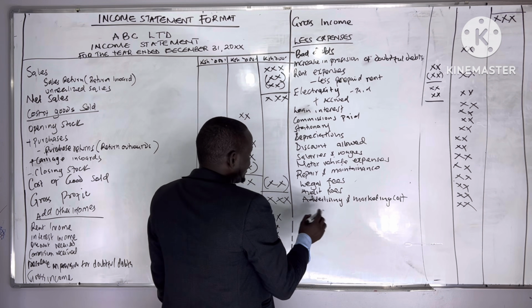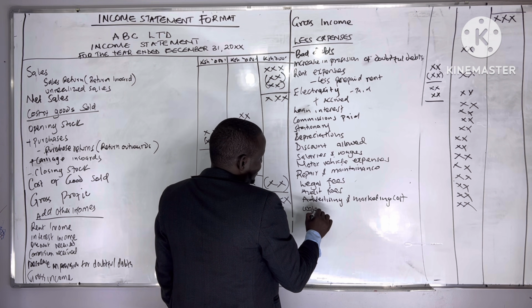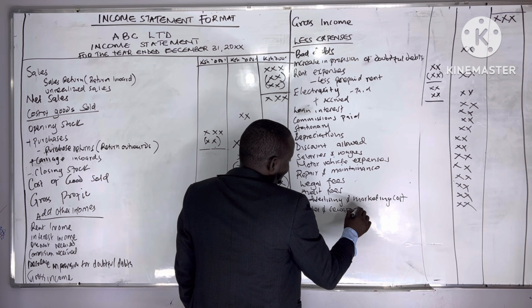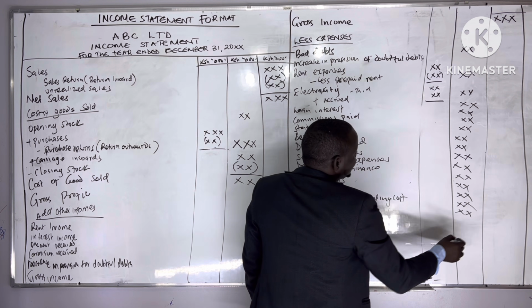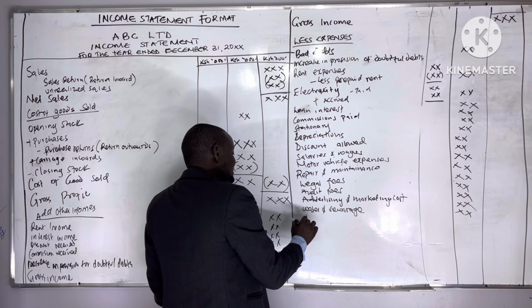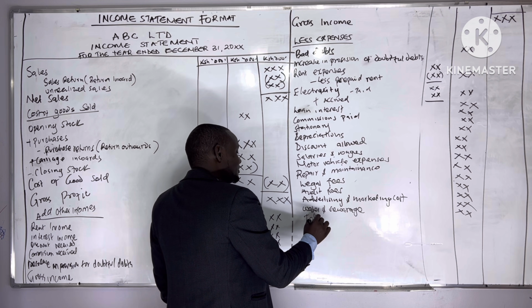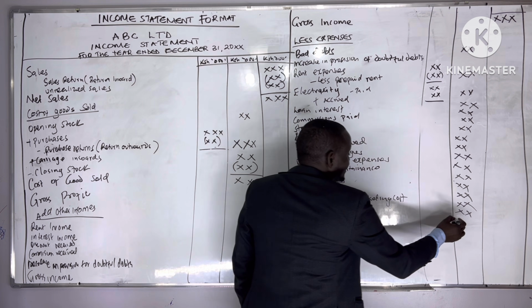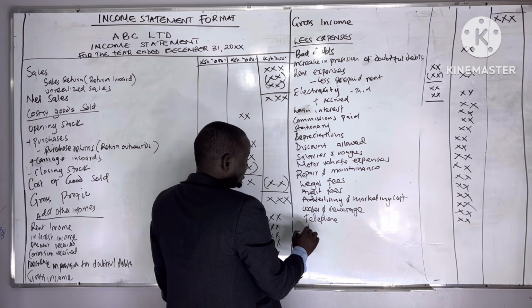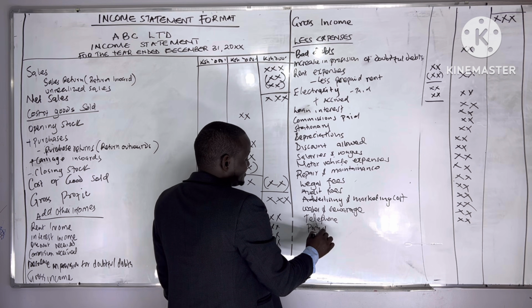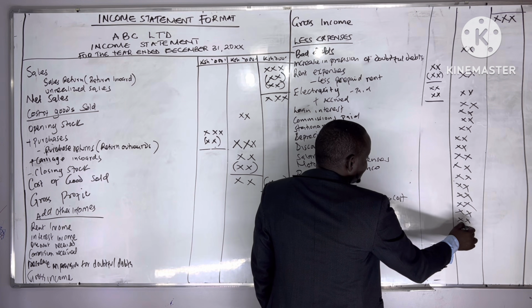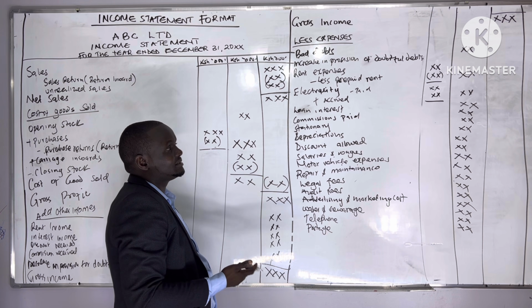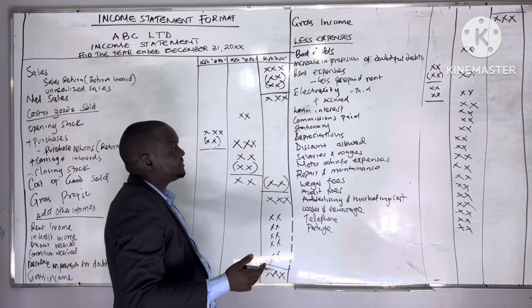We also have something like water and sewerage. There are so many expenses we can add. Things like telephone bills. We can also have things like postage, the money paid to the post office. There are so many expenses that we can write.